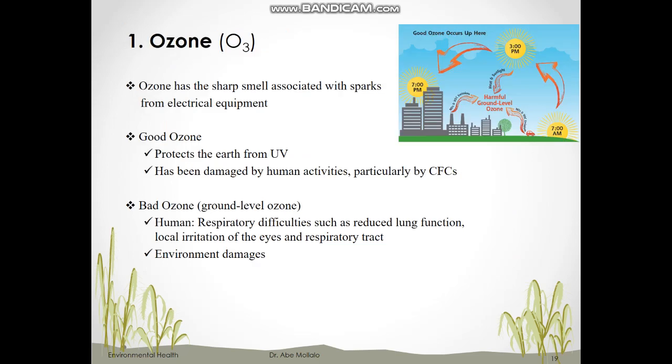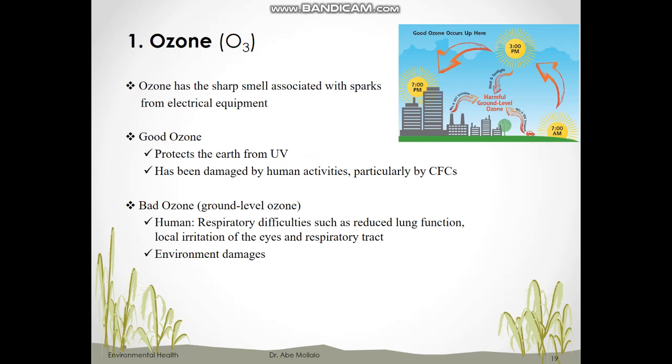Let's start with ozone. Ozone is a special form of oxygen made up of 3 oxygen atoms. It is colorless but has pungent odor and can spark from electric equipment. Ozone can be good or bad for our health.